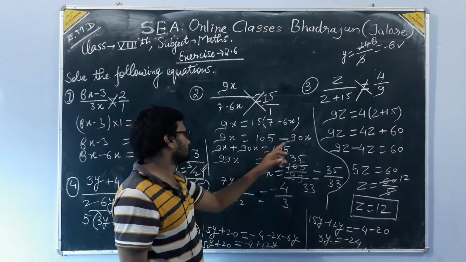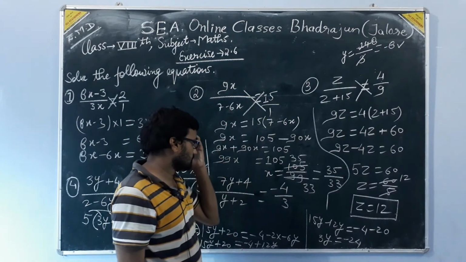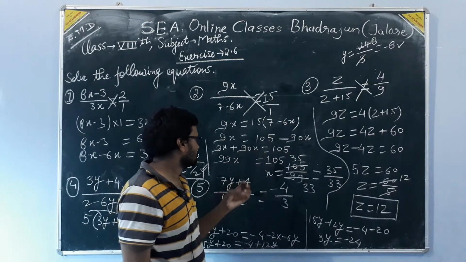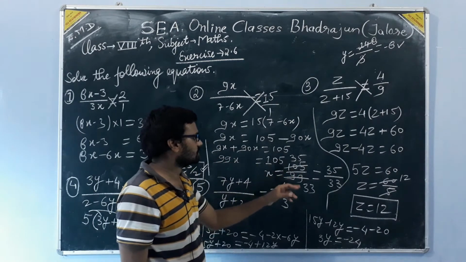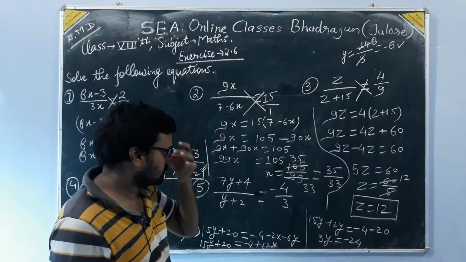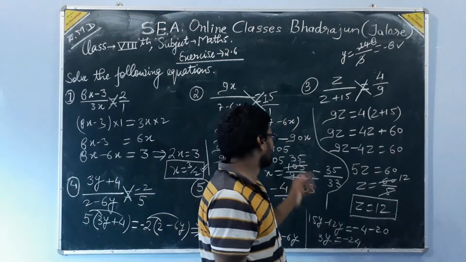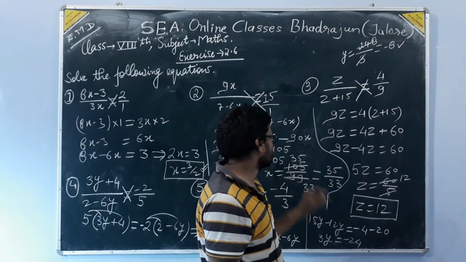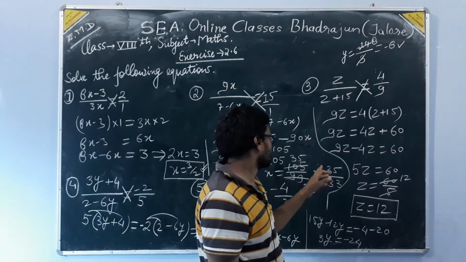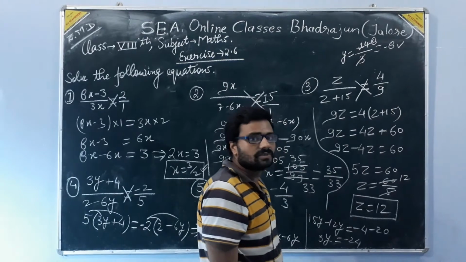This is 9x plus 90x equals 105. Okay, so 99x equals 105, x equals 105 upon 99. We will divide 99 and 105 by 3. So what we'll get is 33 and 35. So our x equals 35 upon 33.